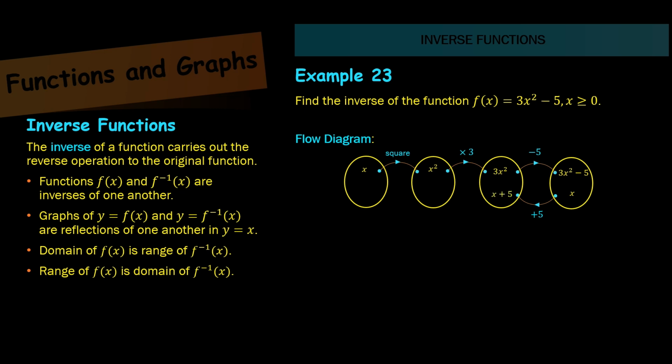Then we divide by 3, which is the reverse of multiplying by 3, to obtain x plus 5 all over 3. And finally we square root, which is the reverse of squaring, to obtain square root of x plus 5 all over 3.